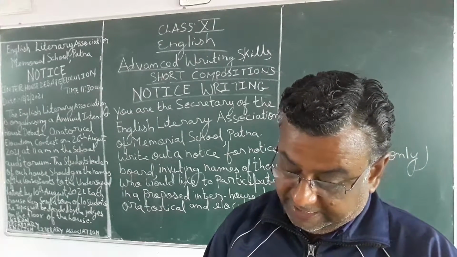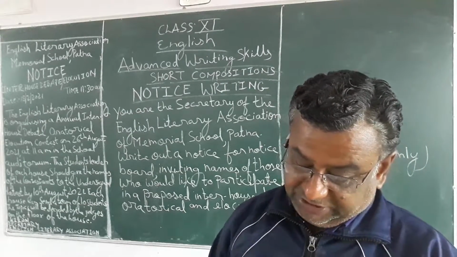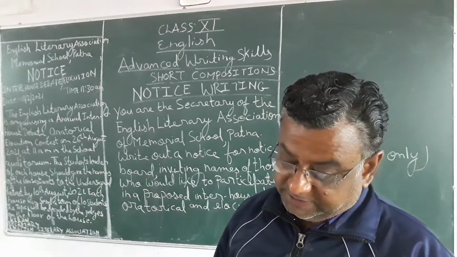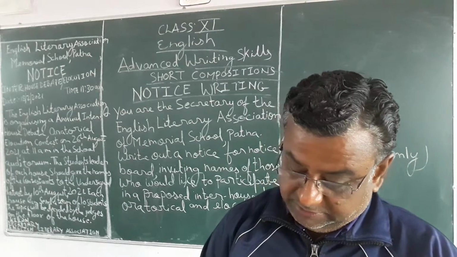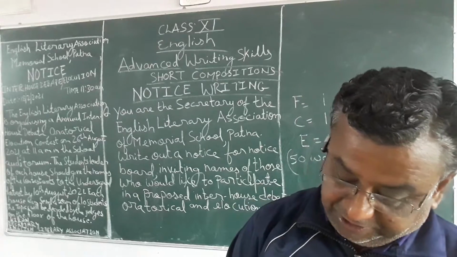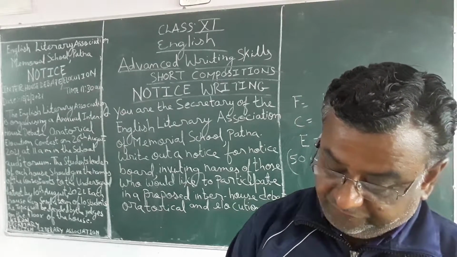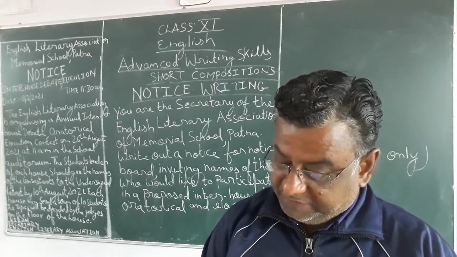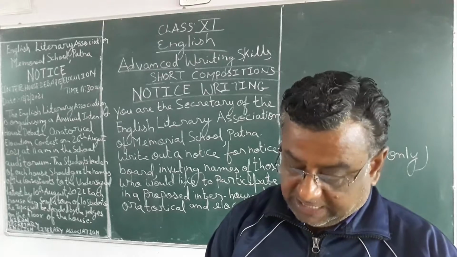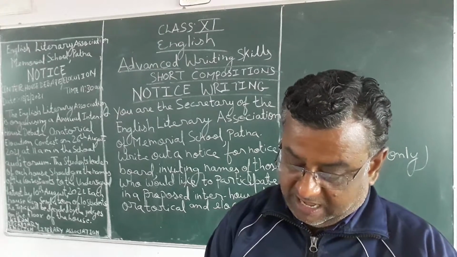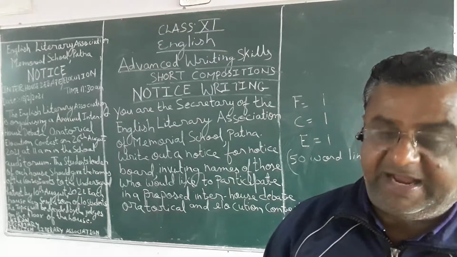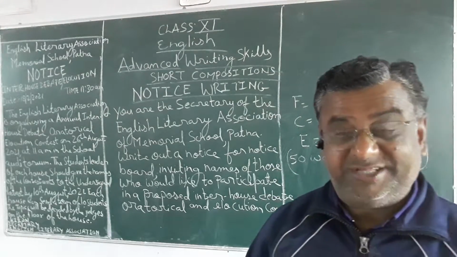Always remember that. The signature of the issuing authority of the notice, for example the principal, president, or secretary of the students' council or of the drama and cultural club, is put at the bottom left-hand corner, along with their initials.